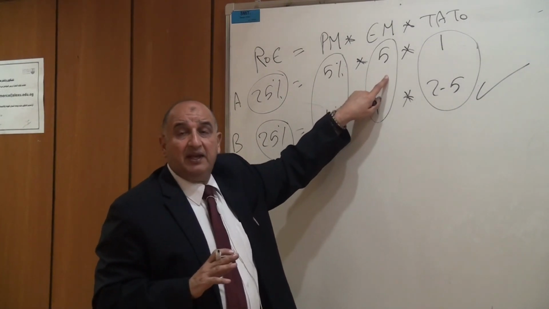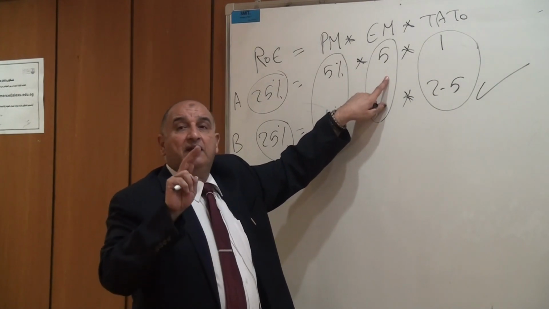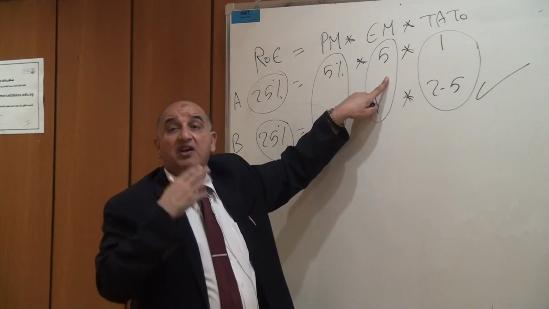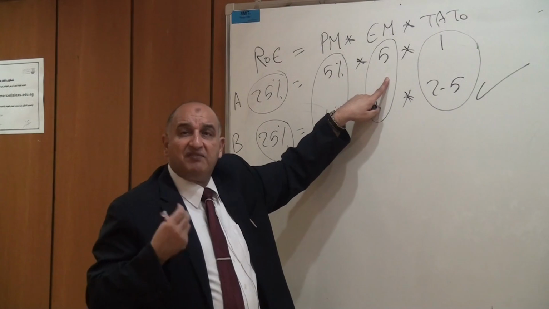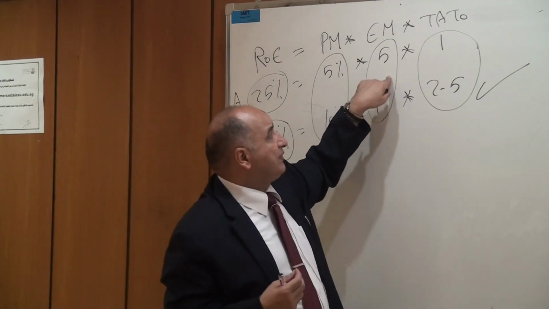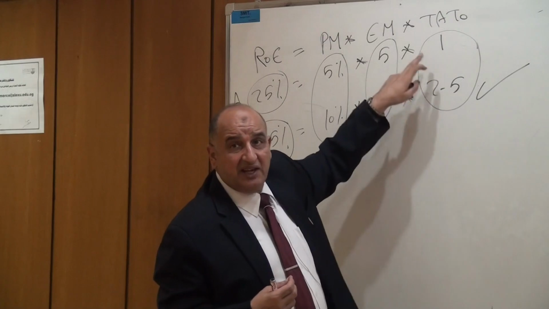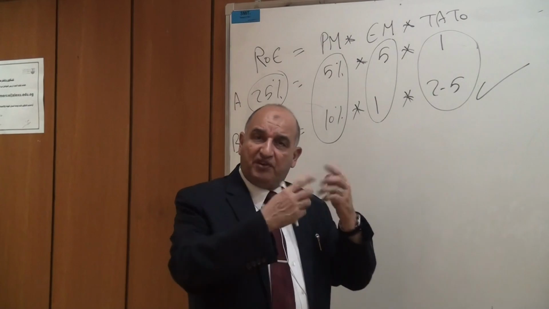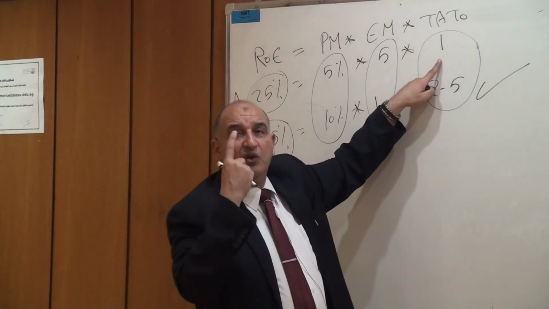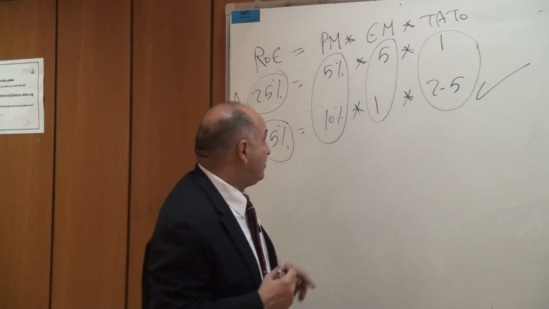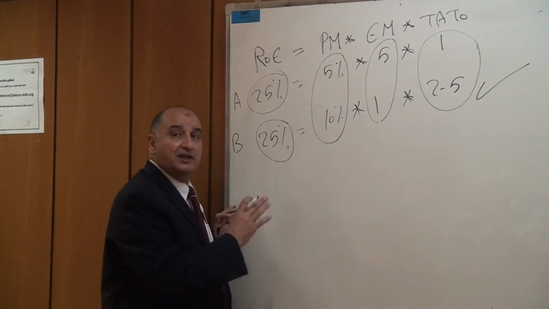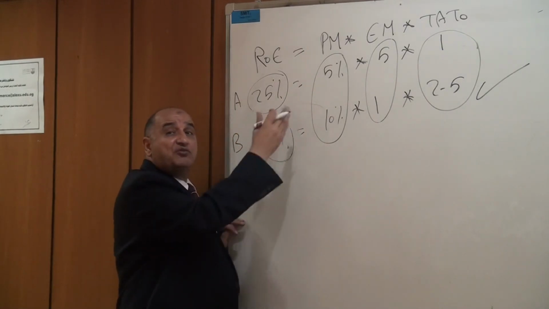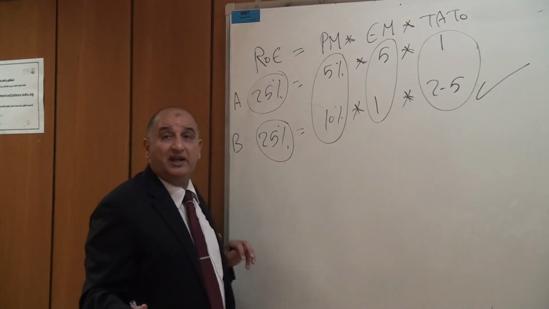But company A is financed by 20% from equity and 80% from debt. A very high ratio, which means a very high risk. Also, company B is better than company A because it has a 2.5 turnover for assets and A has only 1 turnover. So this is why we recommend investing in company B instead of company A. We cannot know this information without Dupont analysis.